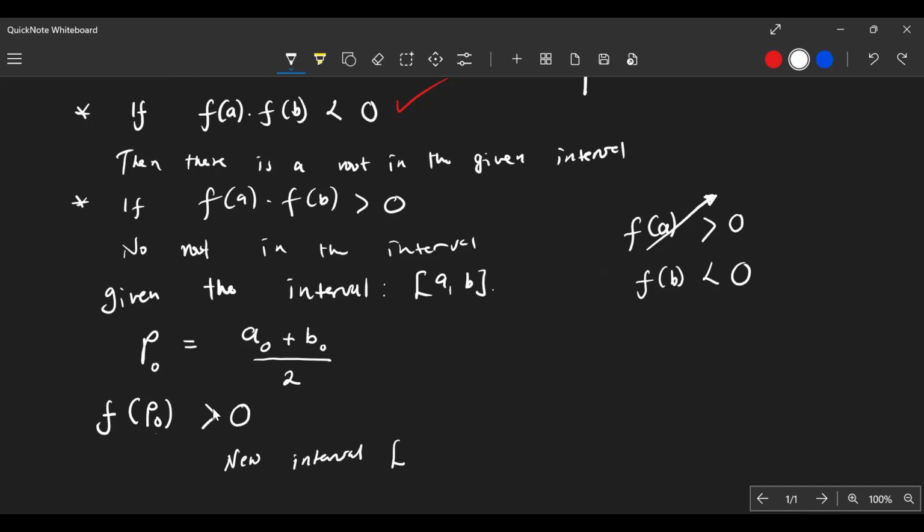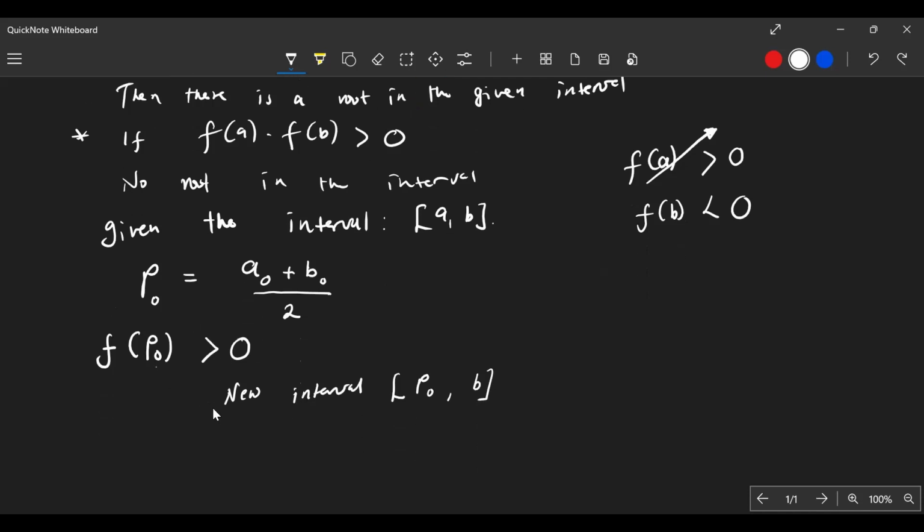So your new interval becomes what? Depending on which one is bigger between b and P naught, in place of a, you're going to substitute what? P naught. P naught is going to take the place of a, in the interval a, b. You get to understand when we look at an example.